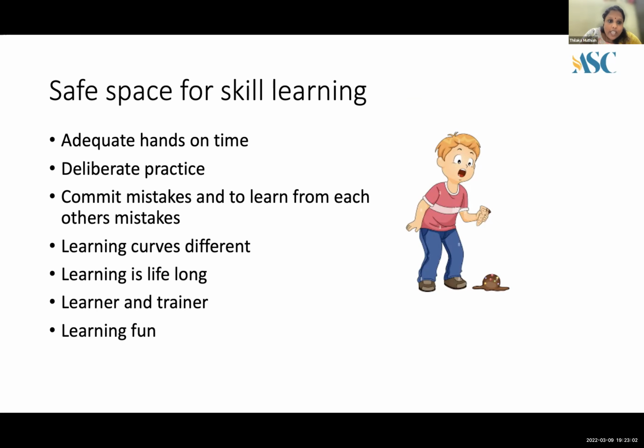Also, we have to keep repeating that learning curves are different for different people. It's all right if somebody is able to put in a block with just 2 attempts. It's okay if somebody takes 20 attempts; they just have to do it 20 times to reach there. So it is absolutely not a problem to have different learning curves.